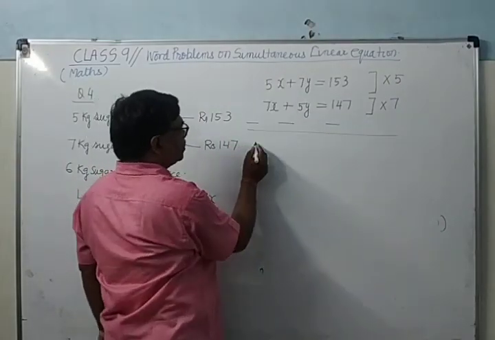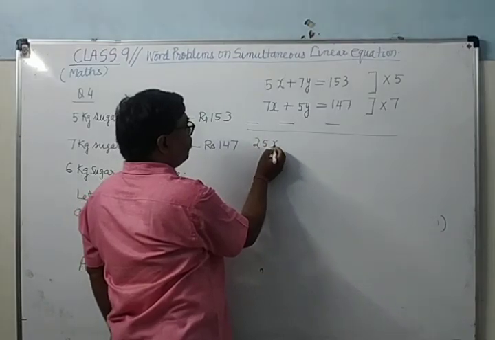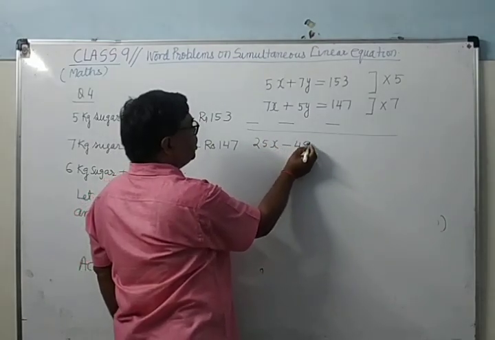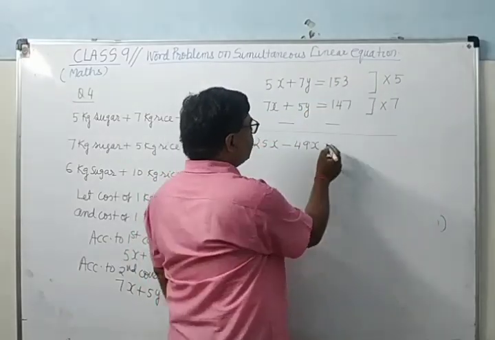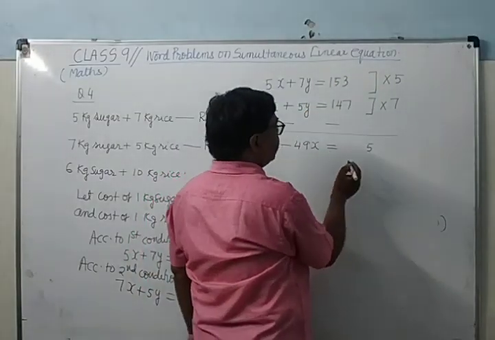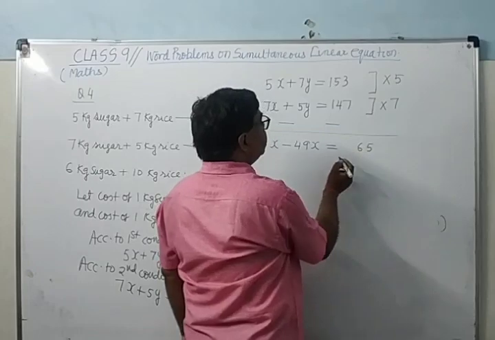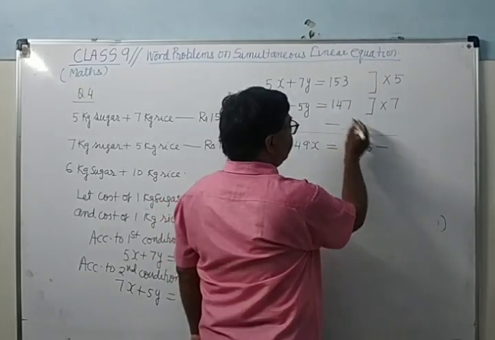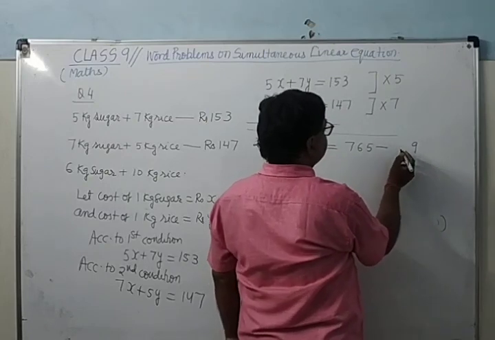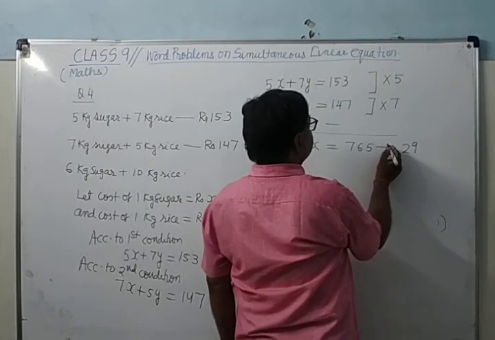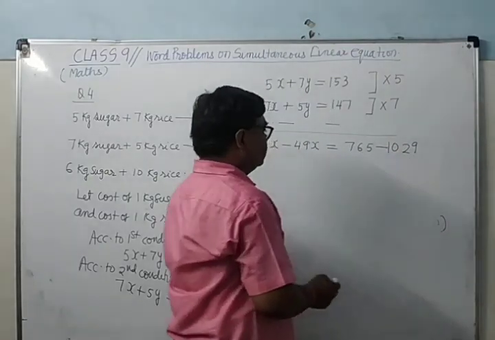Now see x. 5 times 5 is 25x minus 49x equals 153 into 5, which is 765, minus 147 into 7, which is 1029.